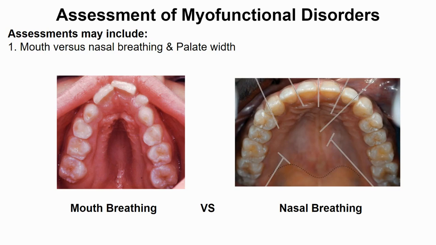You can see that the nasal breathing individual has a much wider palate than the mouth breathing individual, because when you are breathing through your mouth, the tongue is not making that proper oral resting posture, which means the tongue is not in contact with that maxillary arch in order to help shape the palate.